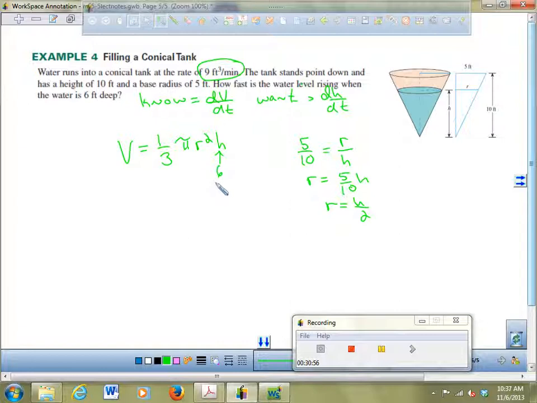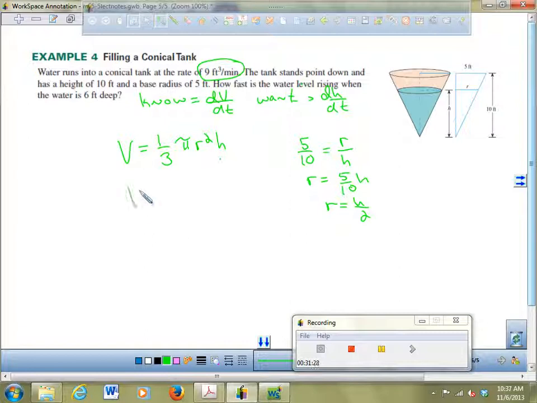So first you have to take the derivative and then you plug in that 6. Because that's going to change depending on what that height is at a specific point. So you find the dH/dt, then you plug in 6.